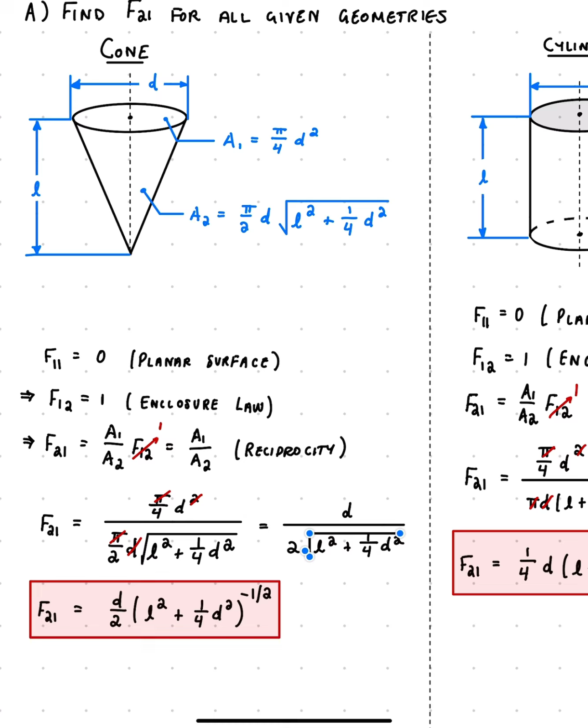So in this case, we want to find F21. That's equal to area 1 divided by area 2 times our view factor from 1 to 2. And since our view factor from 1 to 2 we found was 1 from the enclosure law, our view factor from 2 to 1 will just be the ratio of the areas.